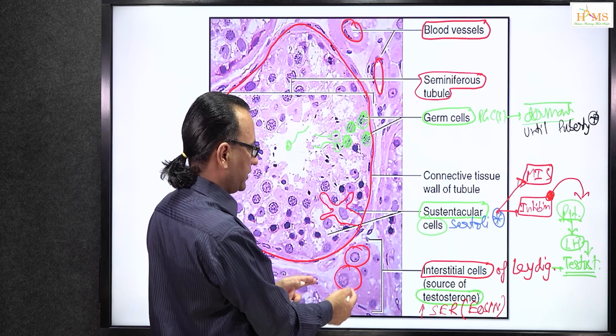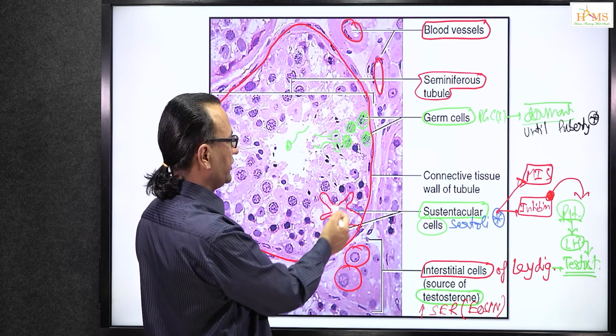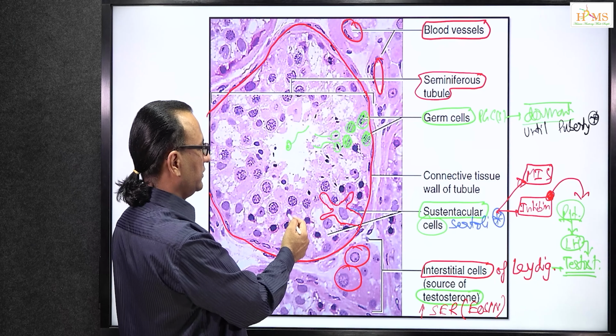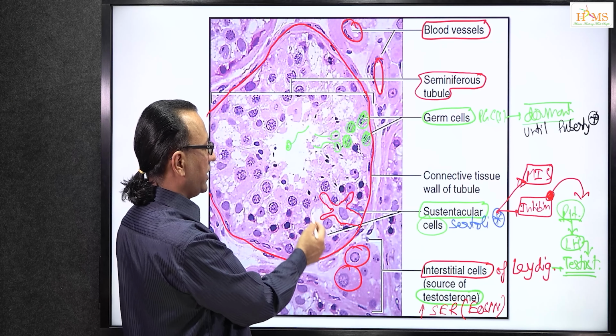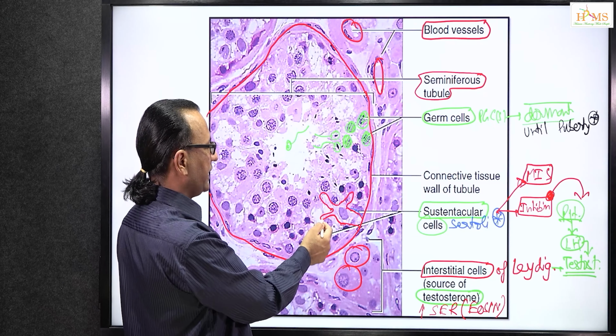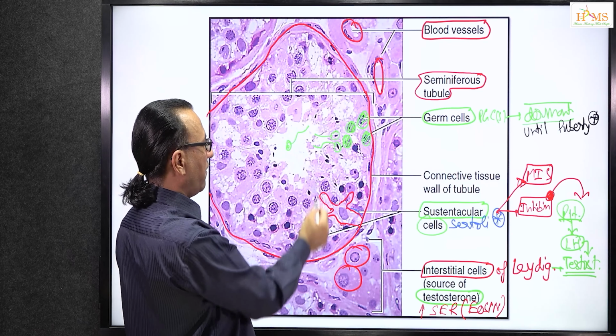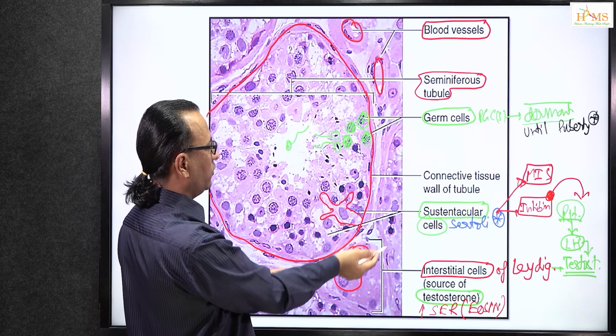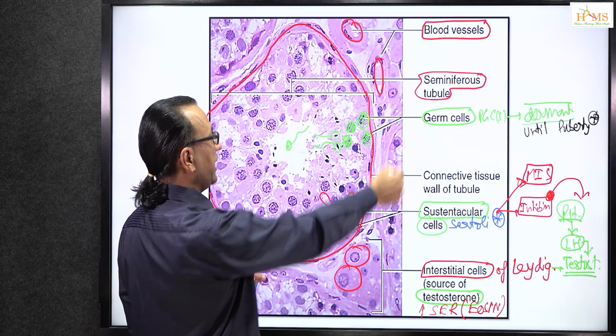Now let us magnify the sustentacular cells making the tight junction among each other so as to create the blood-testis barrier and preventing the exposure of the sperm from the blood vessels which are lying outside in the interstitium like we have seen here.